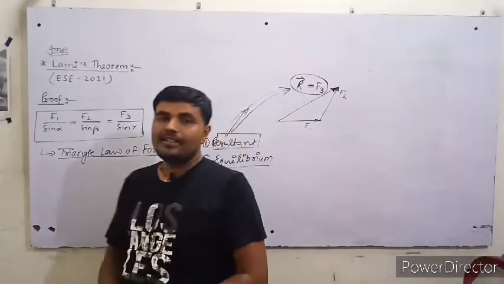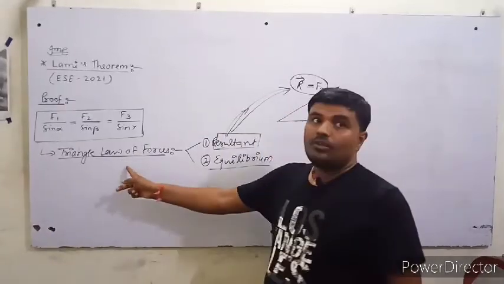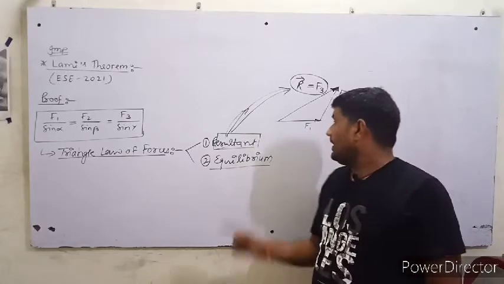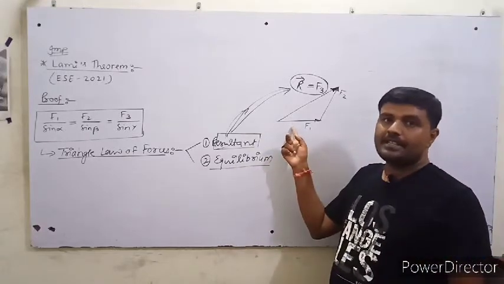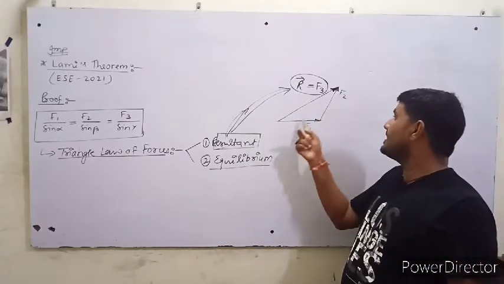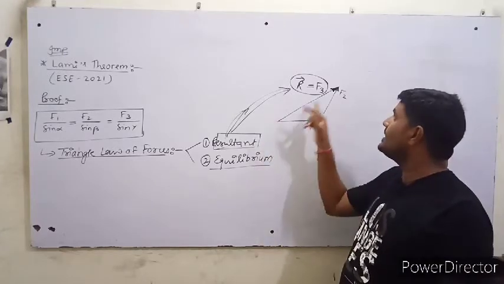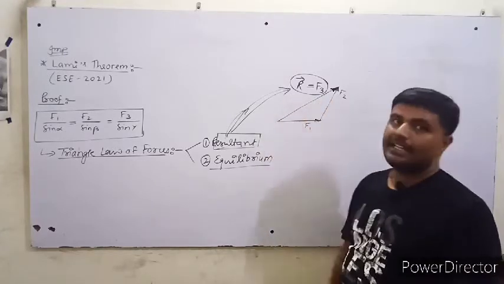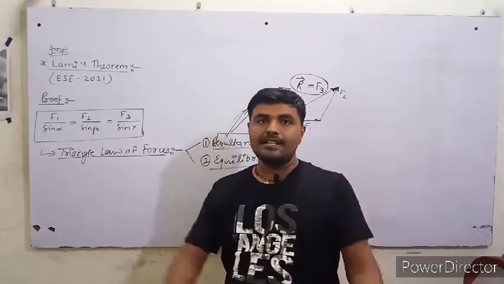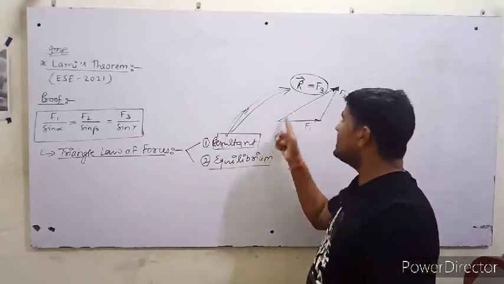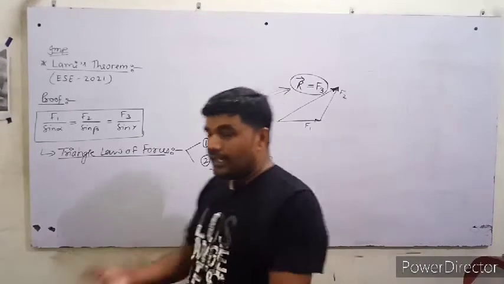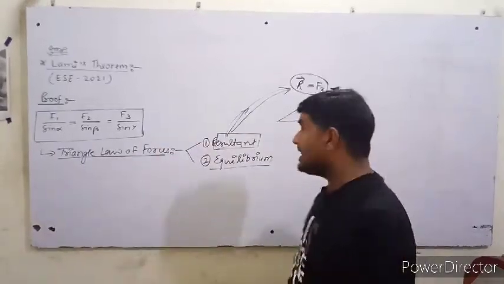So students, according to the triangle law of forces, if two forces may be represented by the two adjacent sides of a triangle, then the closing side will represent the resultant. And what did the second statement say?